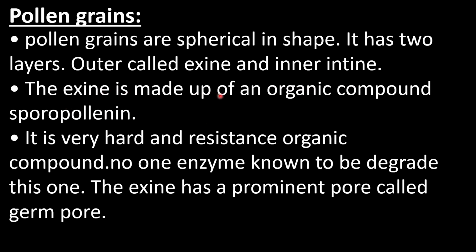The exine is made up of an organic compound called sporopollenin. It is very hard and resistant. No enzyme is known to degrade it. The exine has a prominent pore called germ pore. So the outer layer covering the pollen grain is hard because of the presence of this sporopollenin.